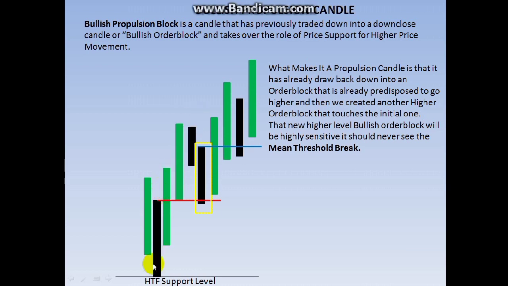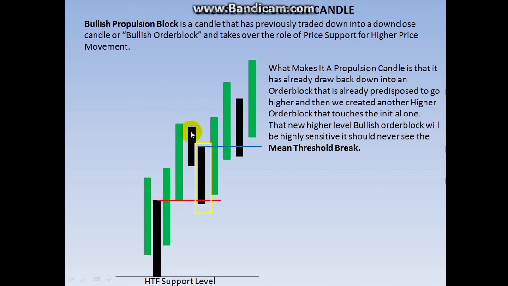As you can see, we had this last down candle that traded into the higher time frame support level, and we saw some expansion, some rally, moving away from the support level. So it created displacement, and we had this bullish order block.